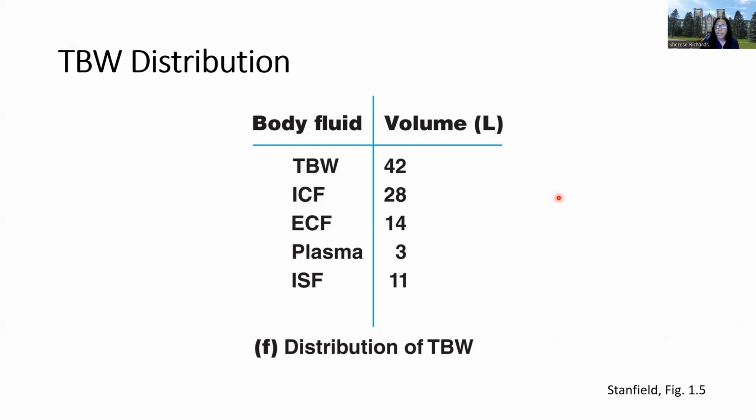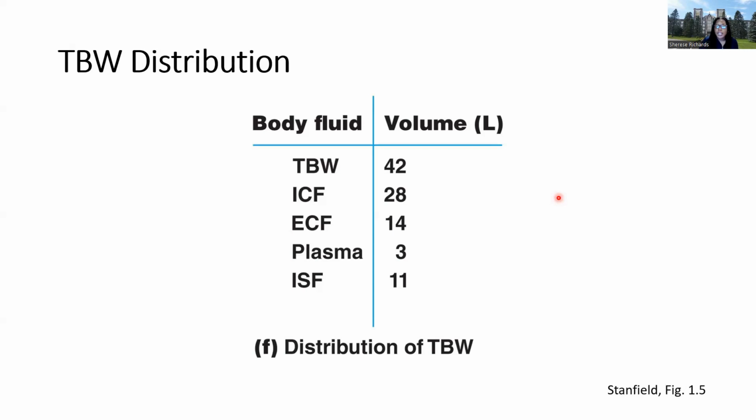These can vary greatly depending on your body habitus, right? If you're larger or smaller, if you are female versus male. They can also vary if you're a child, if you're pregnant, if you're elderly. So this is really just standard for an adult healthy male. So total body water, about 42 liters. ICF, about 28 liters, and then ECF, about 14 liters.